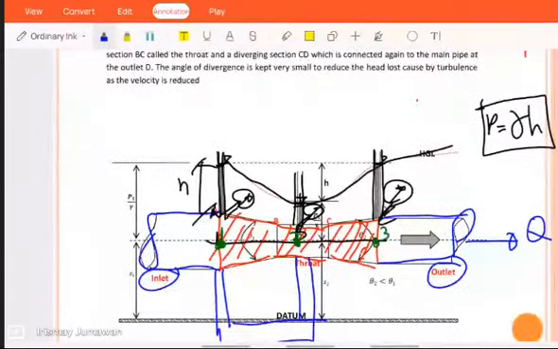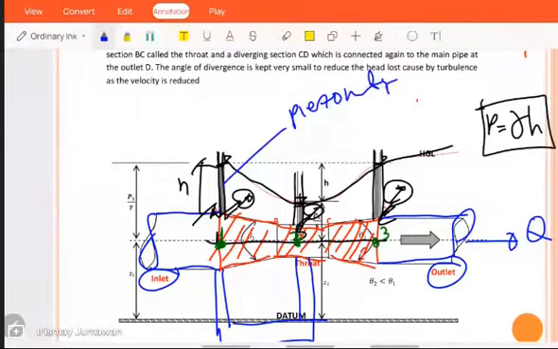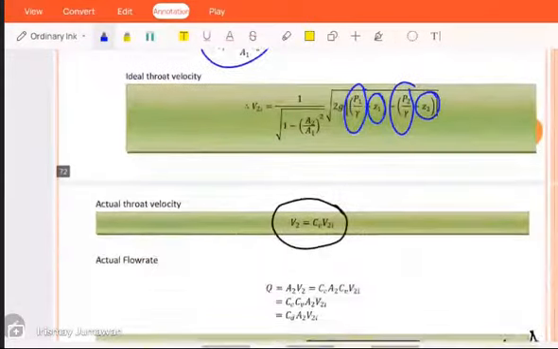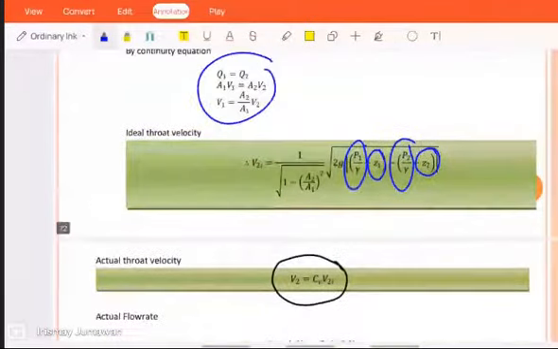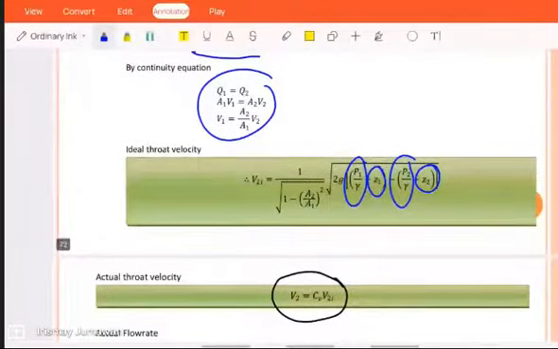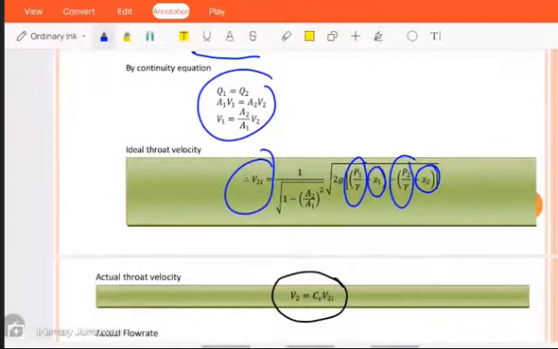Again, to measure pressure head you can use a manometer, a piezometer, and also a gauge. Those are what we can use. Then you need to multiply by the coefficient of velocity to get the actual velocity.